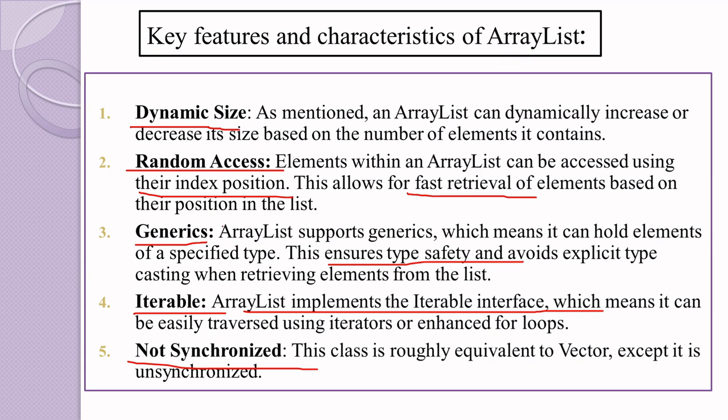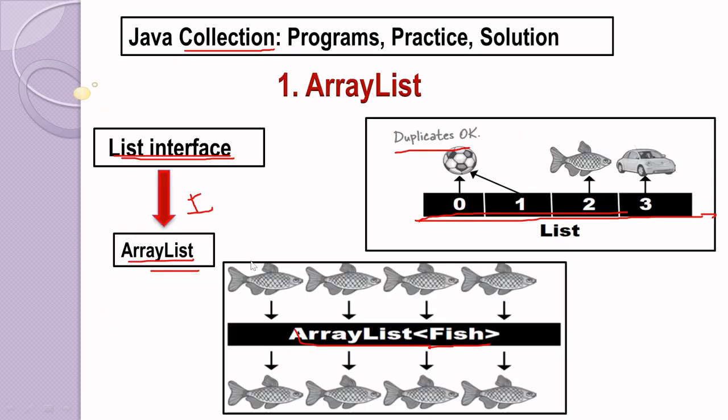Depending on these characteristics, we choose ArrayList. It is the best choice when our primary operation is retrieval, and we have to add duplicates and preserve insertion order.